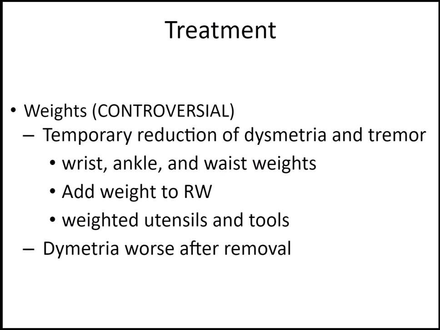However, research has found that when you take the weights away, the dysmetria is actually worse. If nothing else, you're trying to dampen the extra motion that's involved in this patient population, but you're doing nothing more than strengthening those muscles, and they have extra motion after you remove the weights.